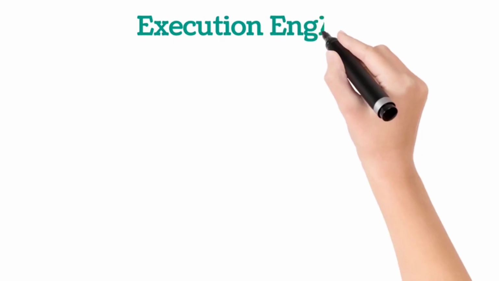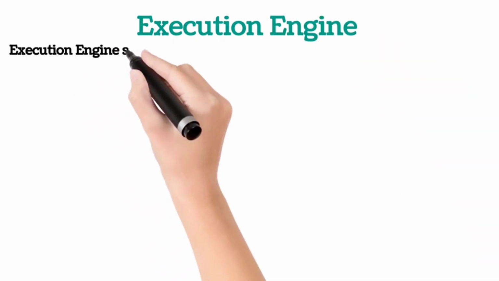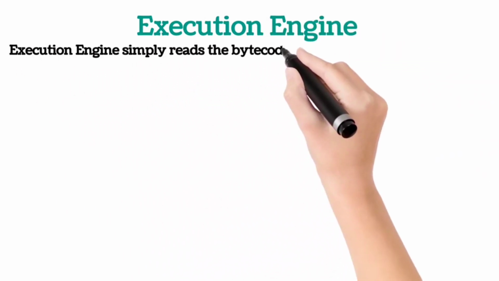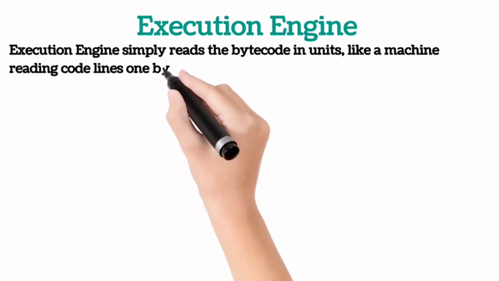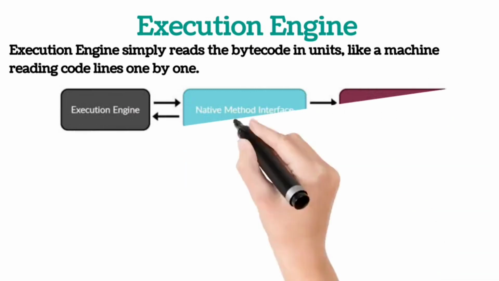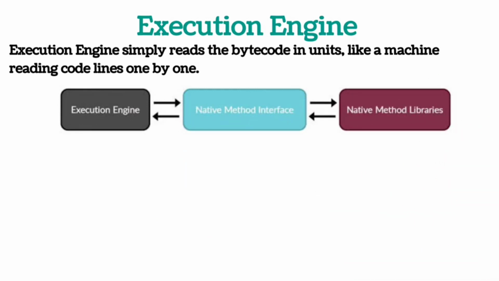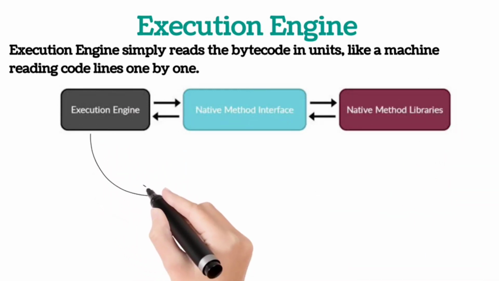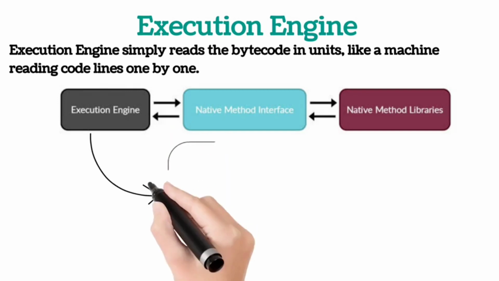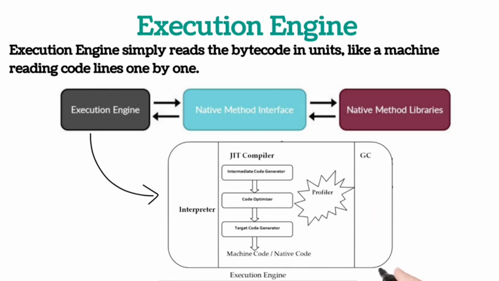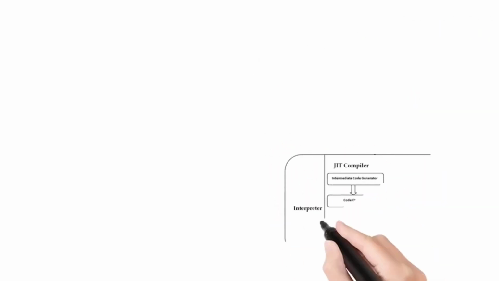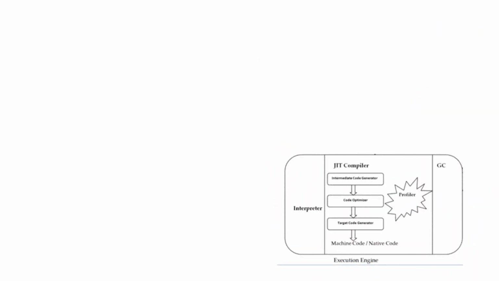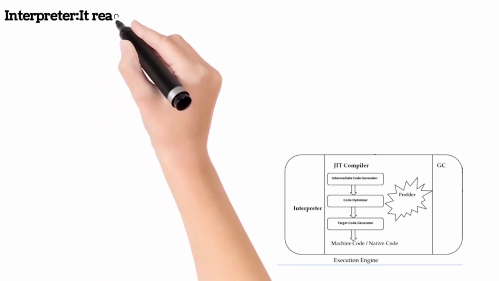What is execution engine? Execution engine simply reads the bytecode in units like a machine reading code line by line. This is the basic structure of execution engine, but execution engine has a detailed figure, this one. Now we are going to discuss the explained figure. First it has an interpreter.